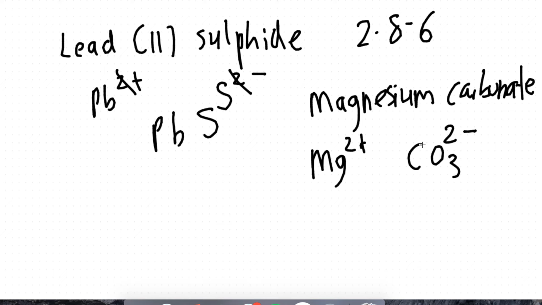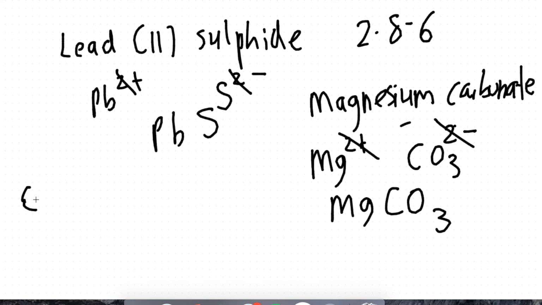It's hard to understand it, so you should memorize it, guys, honestly. Now the 2 and the 2 on top can cancel each other, so you cross multiply from the top and top, bottom and bottom. So there's a 1 here that comes down, Mg, and this 1 over here comes down, so you don't have to write it down. You get MgCO3.